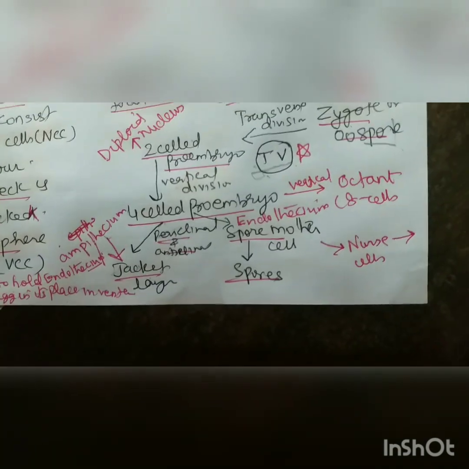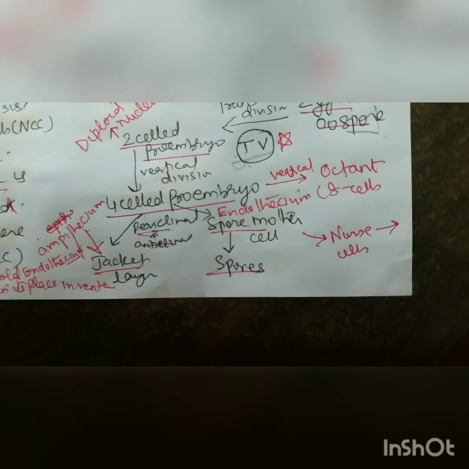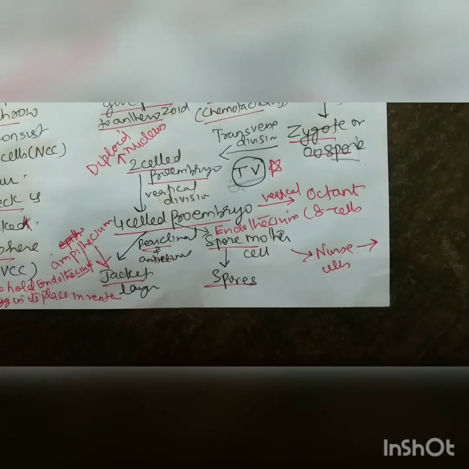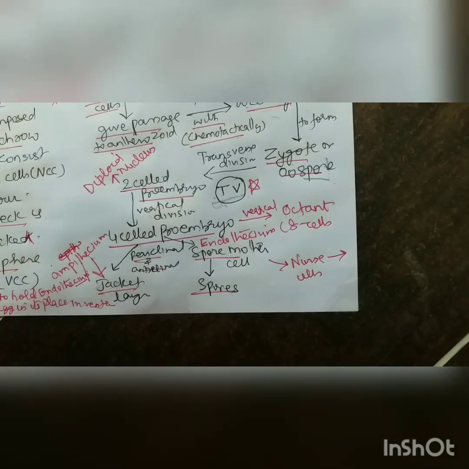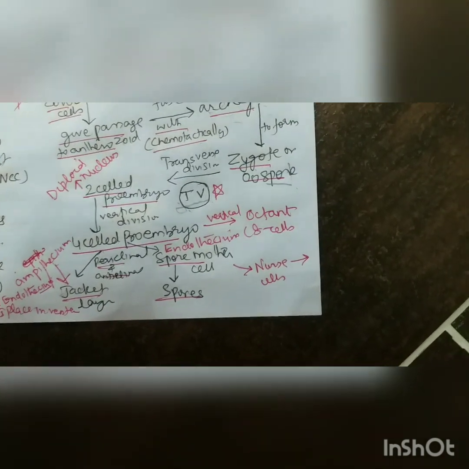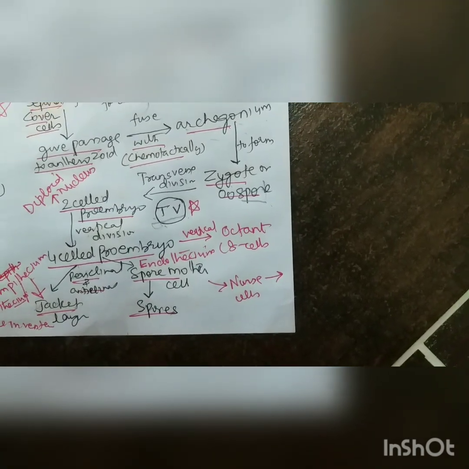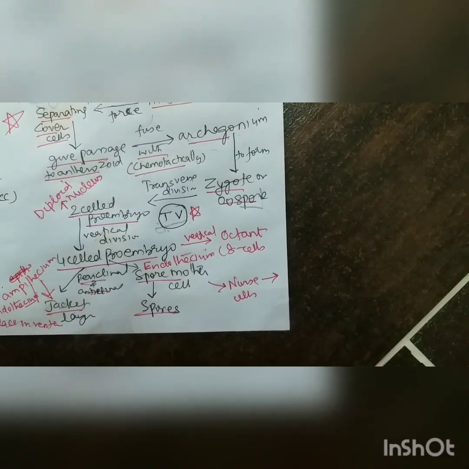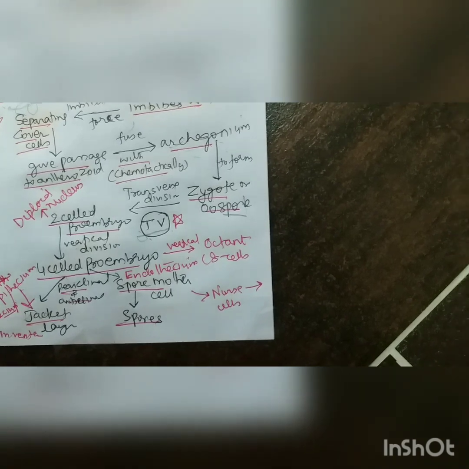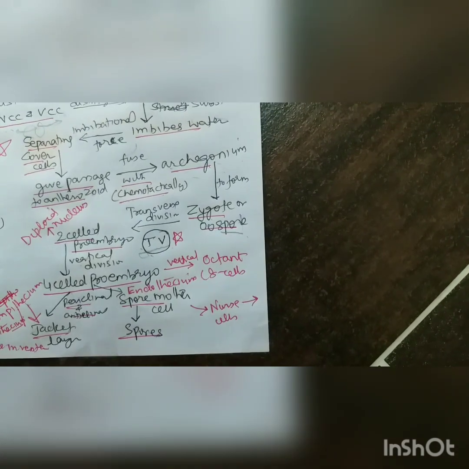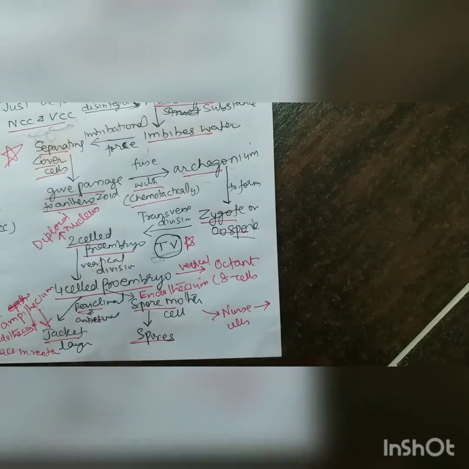Here it is very important to mention that there are some cells which basically act as nurse cells, right? The role of these nurse cells is just to nourish the structure.